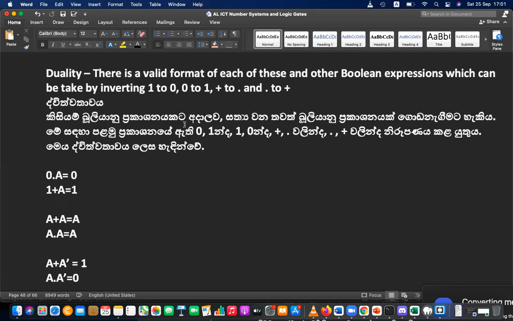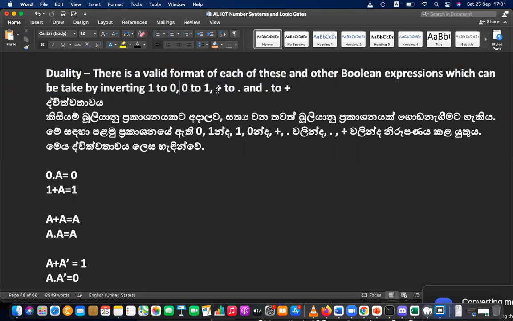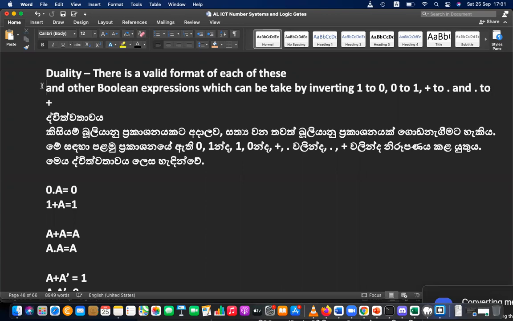Duality means there is a valid format of each of these, and of other Boolean expressions, which can be taken by inverting.